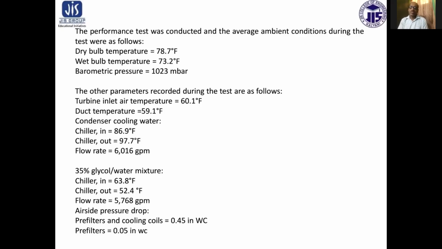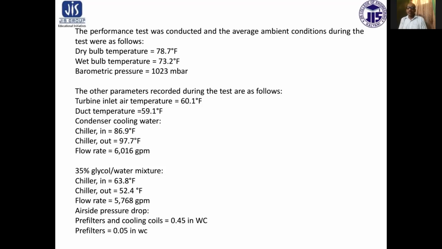The performance test was conducted and the average ambient conditions during the test were found to be dry bulb temperature 78.7 degrees Fahrenheit, wet bulb temperature 73.2 degrees Fahrenheit, barometric pressure 1023 millibar.